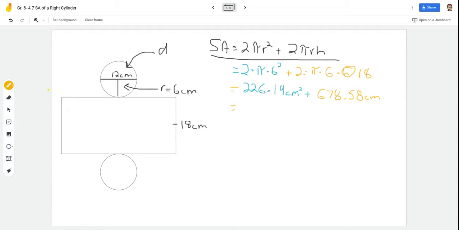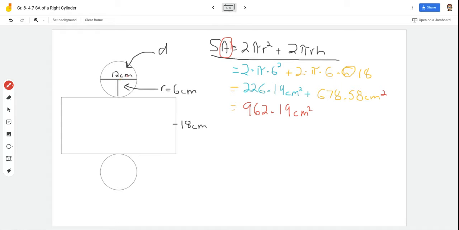My bad. Once we add those two together, we get 226.19. We'll be adding 678.58. We get 962.19 centimeters squared. This is also in squared centimeters because this is surface area.